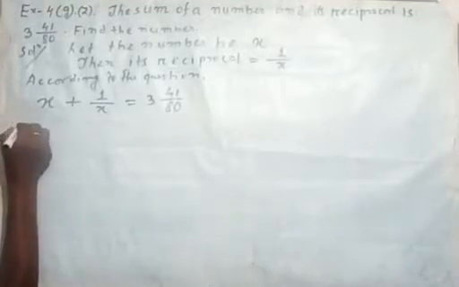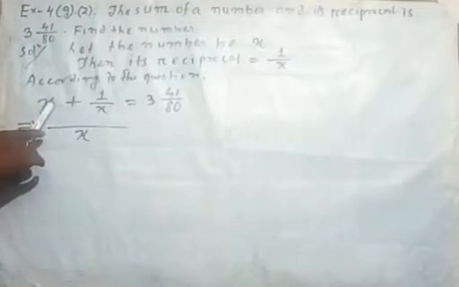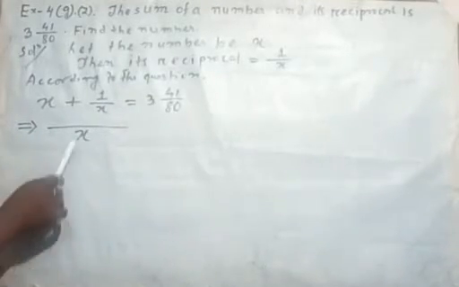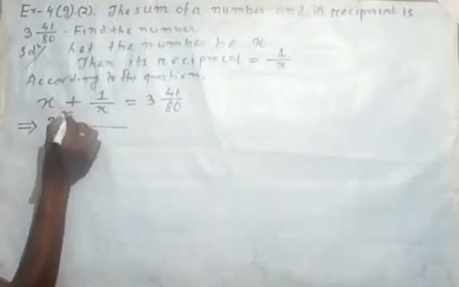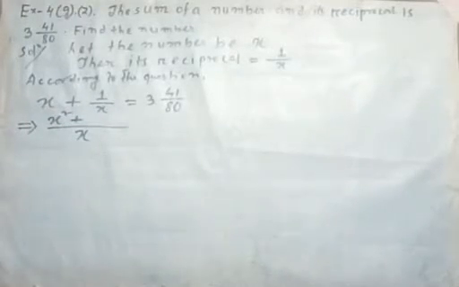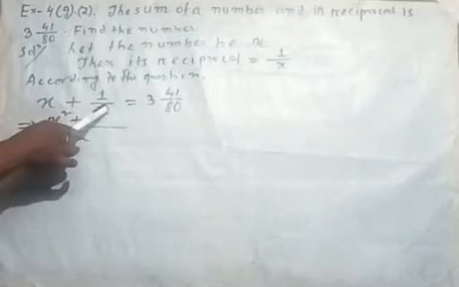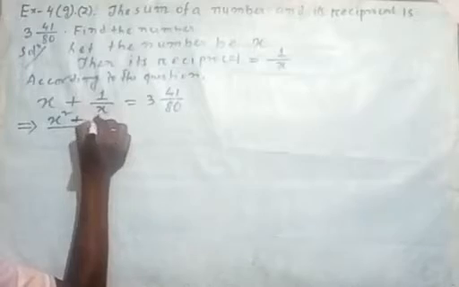So this implies x plus 1 by x. The LCM will be x, because x divided by 1 is the denominator. So x into x is x square, plus 1 into 1 is 1.